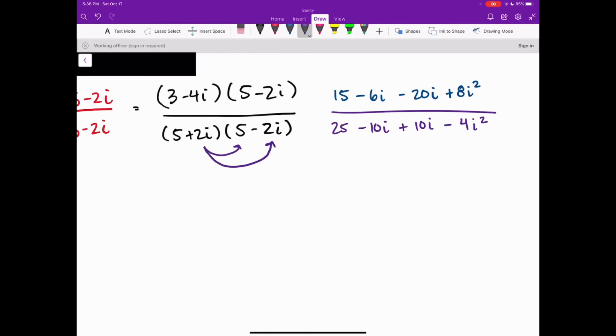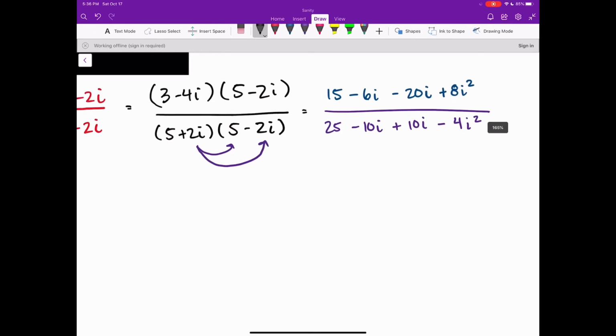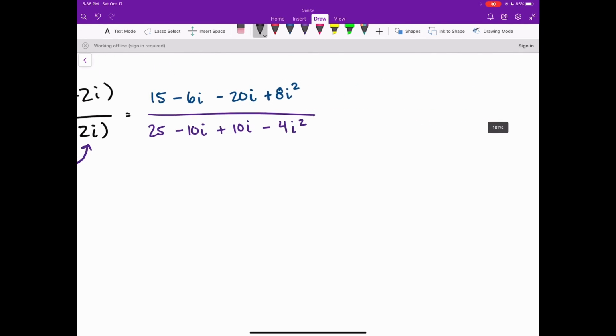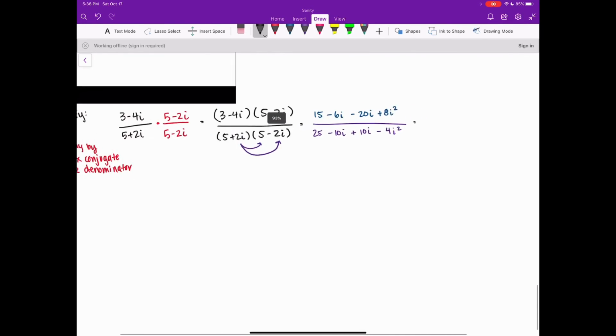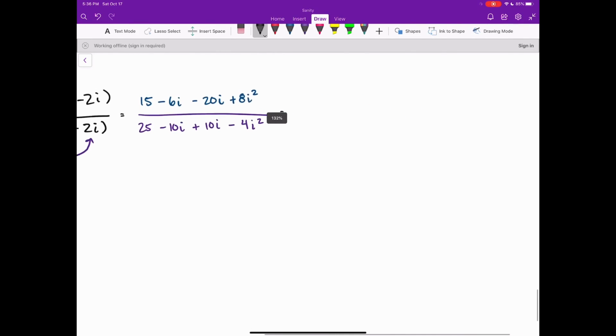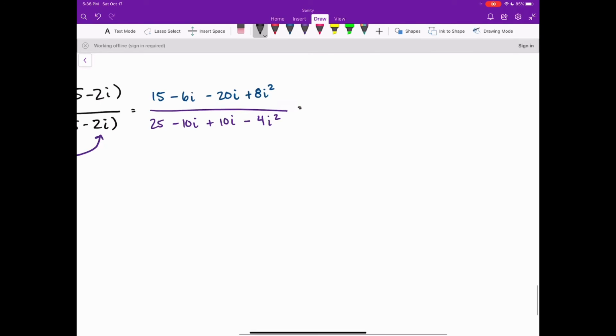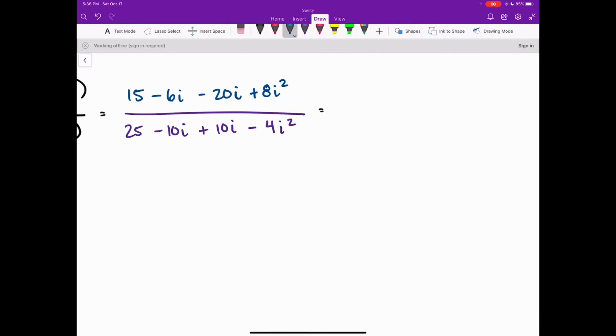Okay, again, let's see what we can simplify. Let's see if we can combine any like terms on the top and the bottom. All right, I'm doing this as one giant chain. I'll show you it all at the end. So now we're here. What can I combine on the top? Well, the 15 doesn't have any real numbers to combine with, so I'm just going to leave it as 15.